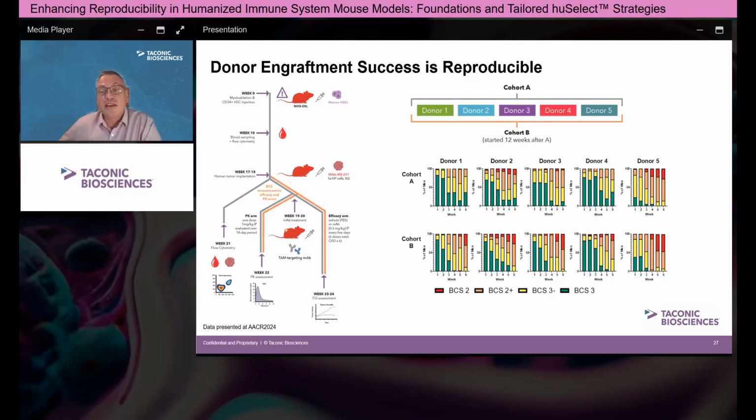Importantly, those trends in how these animals performed remain somewhat consistent within the same donor over time. This led us to believe that we could use this approach to predict which animals would show a specific response, and return to those donors for subsequent studies, knowing what those characteristics would look like.